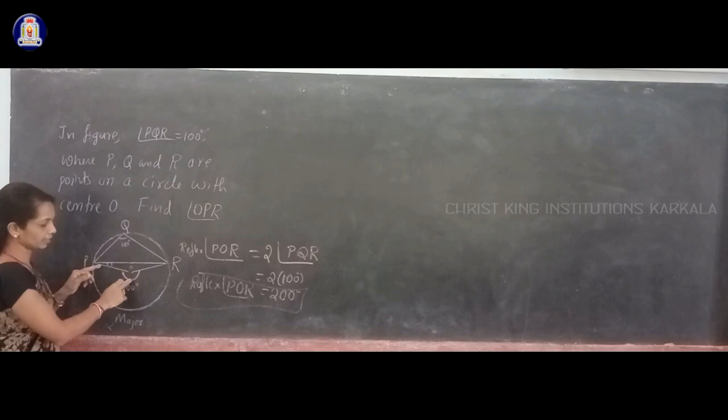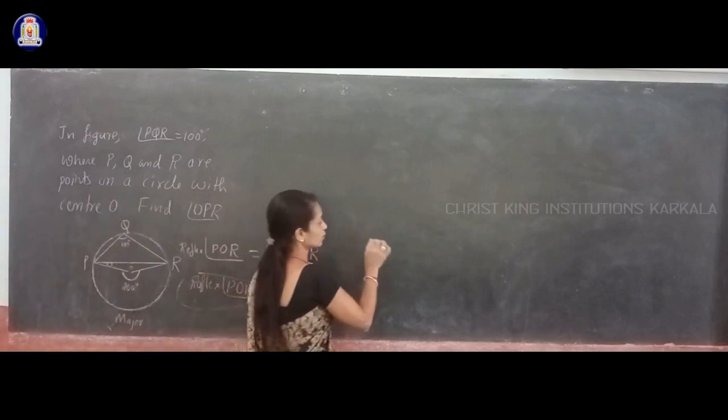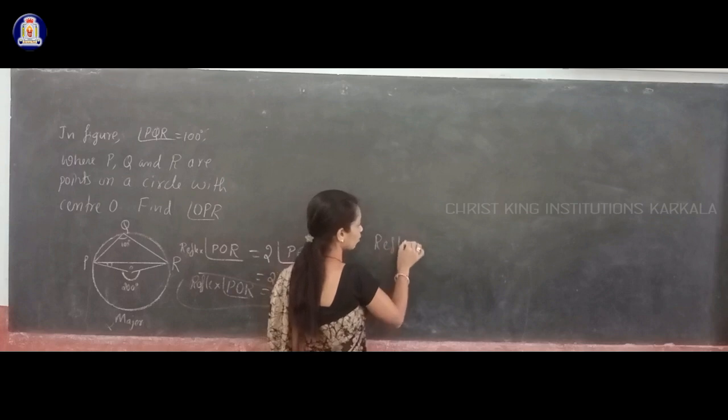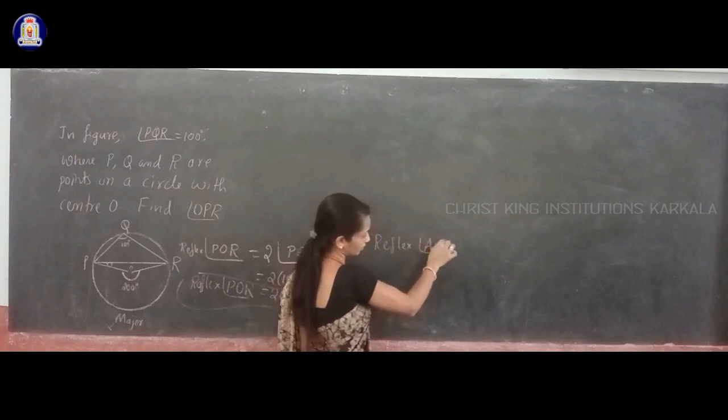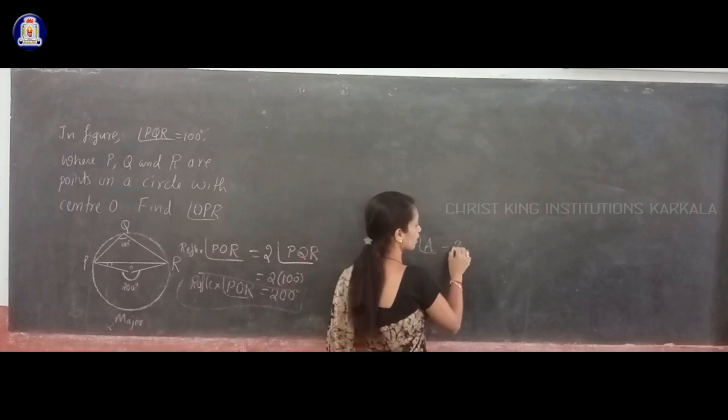Now using this reflex angle POR, we can get angle POR. To get the reflex angle of some angle, in general I will take it as angle A, you have to use this formula: just subtract angle A from 360 degree. So to get the reflex angle of POR, we have to subtract angle POR from 360 degree, according to this general formula.